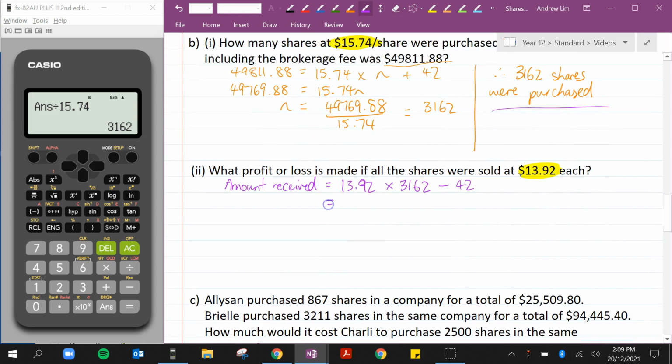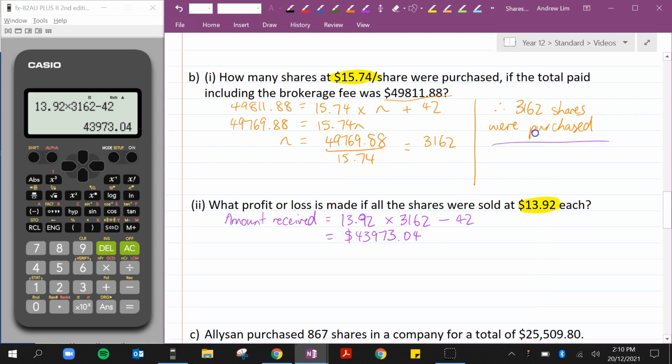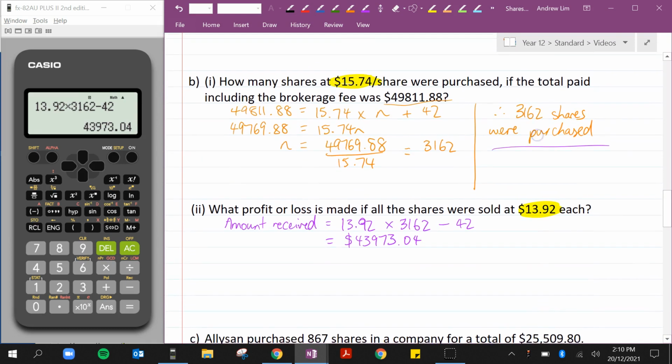All right, so how much would we receive? $13.92 times 3,162 minus 42. We will receive $43,973.04. We know that in part B, we spent $49,811.88.